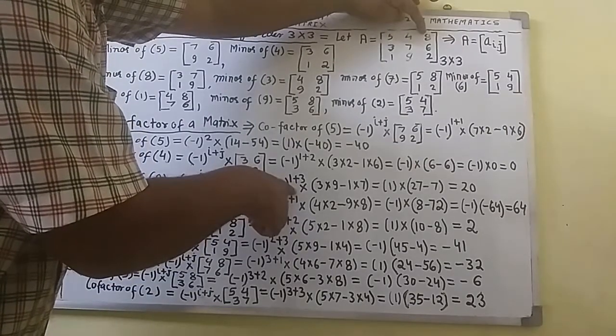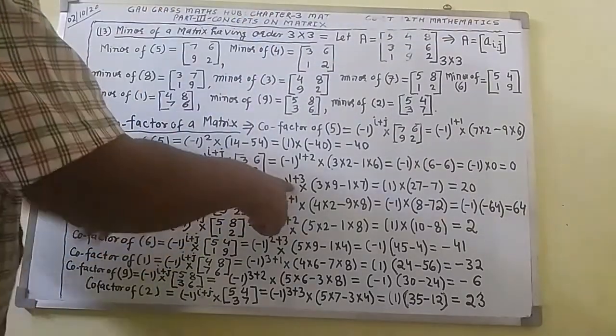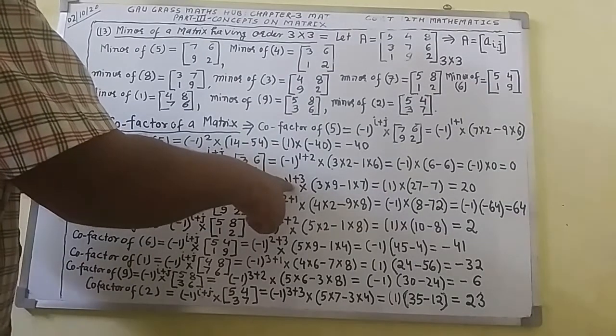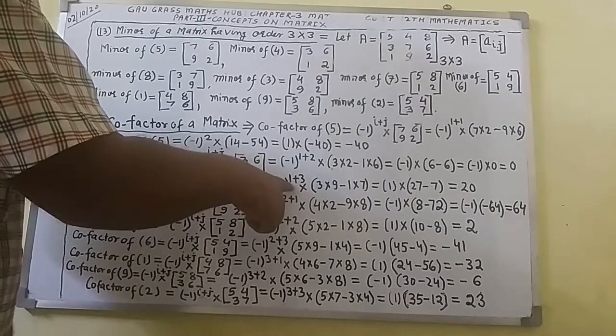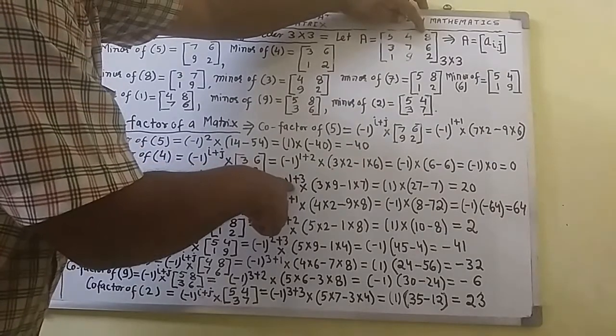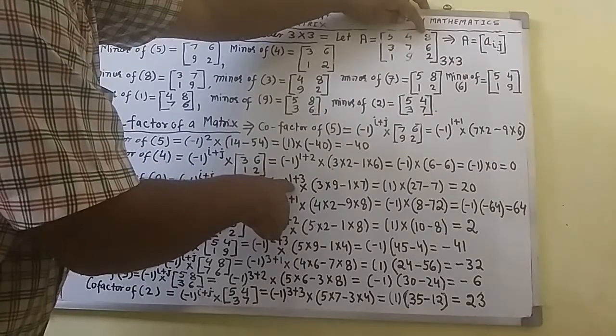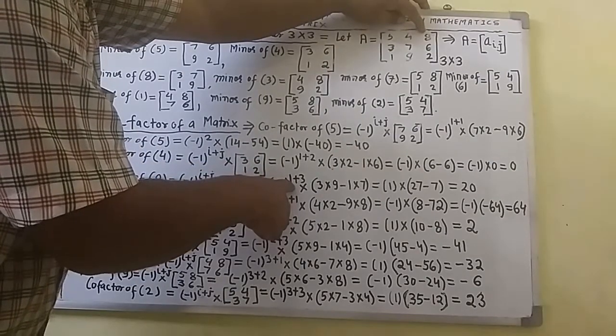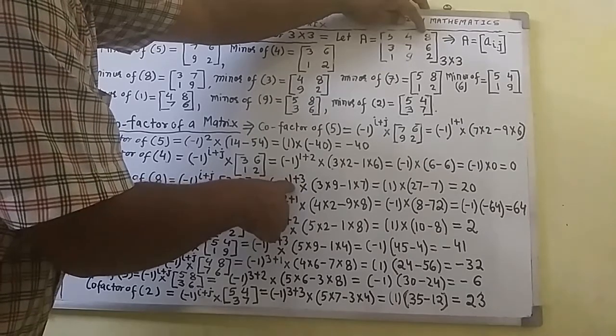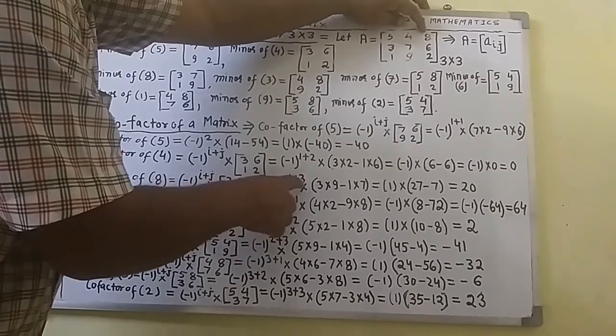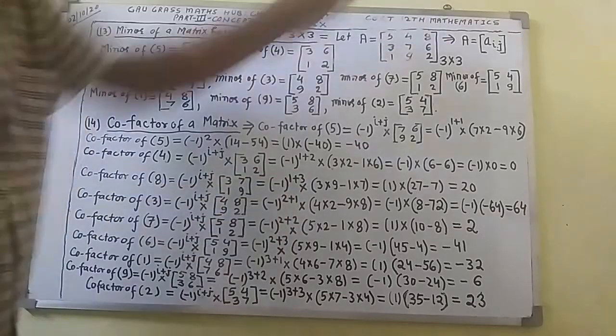So for the first row, we will write here 1. And for the value of j, 8 is there in which column? You can see here 8 is there in the third column. The column position of element 8 will be 3.